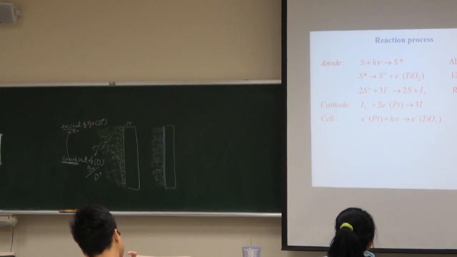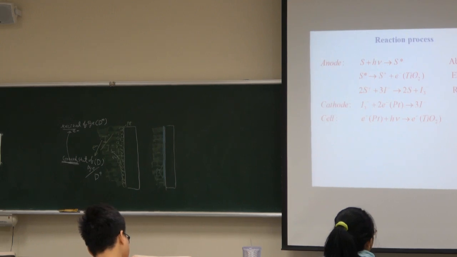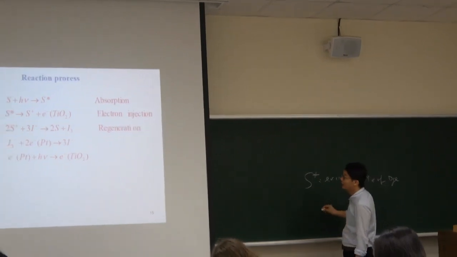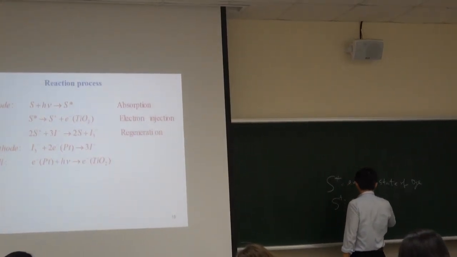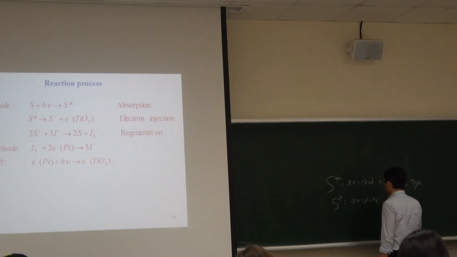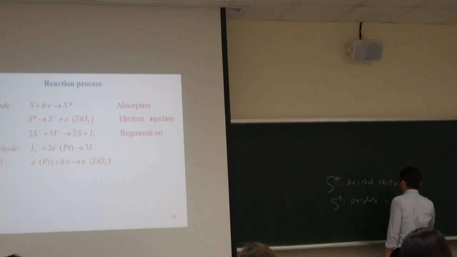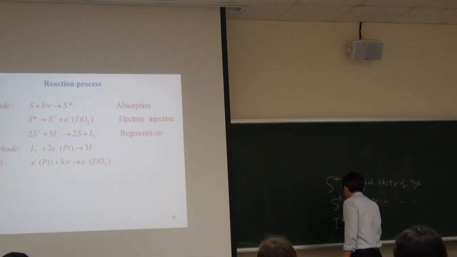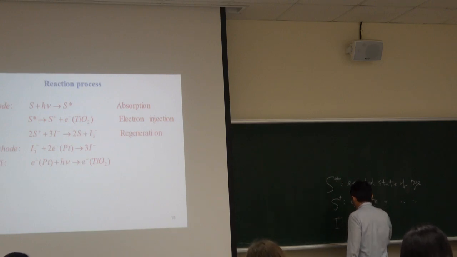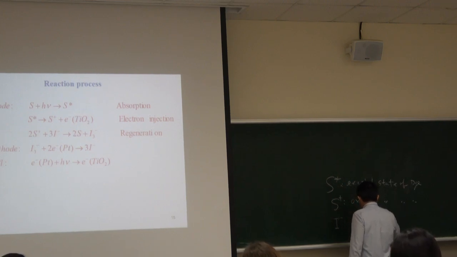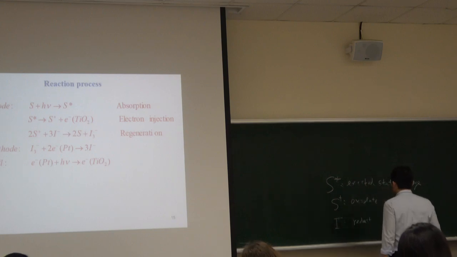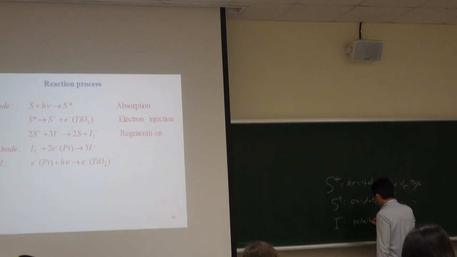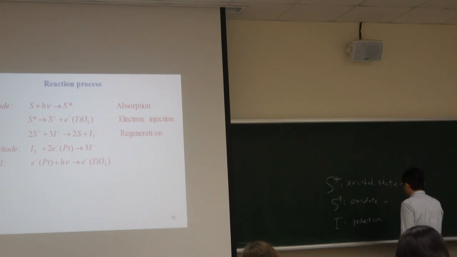S star denotes the excited state, and S plus is the oxidation state. I minus is the reduction state.